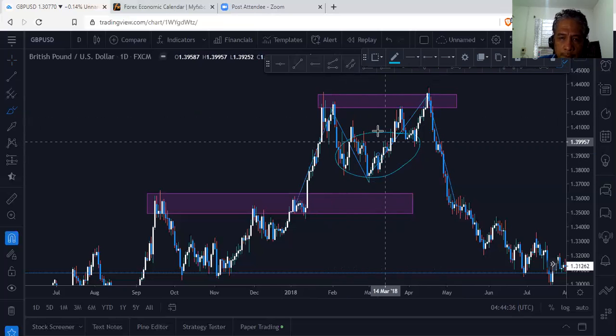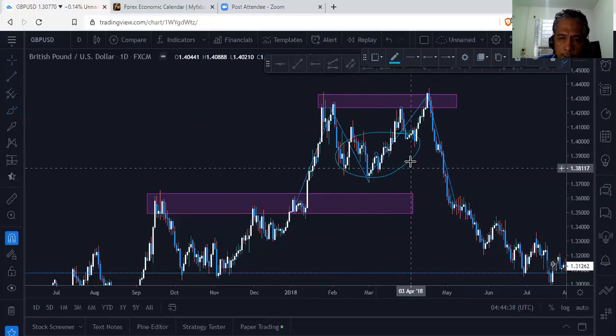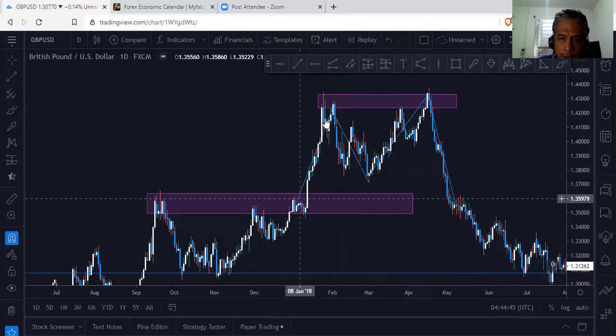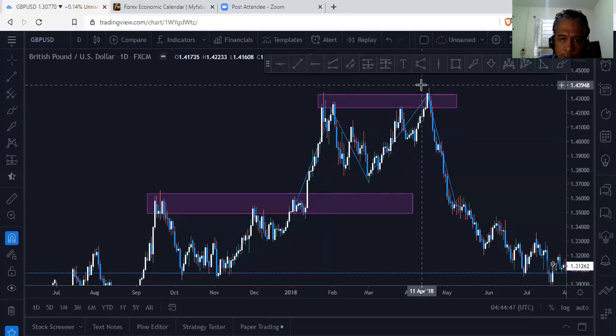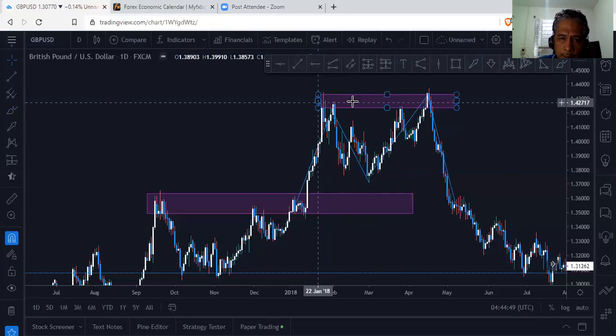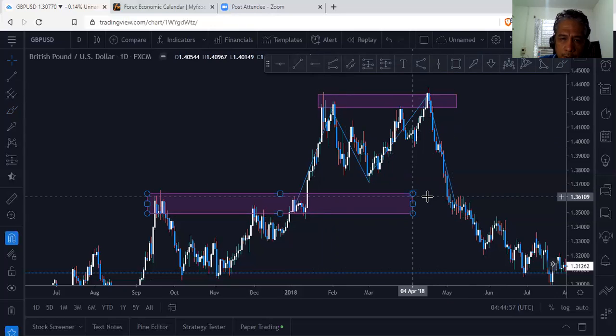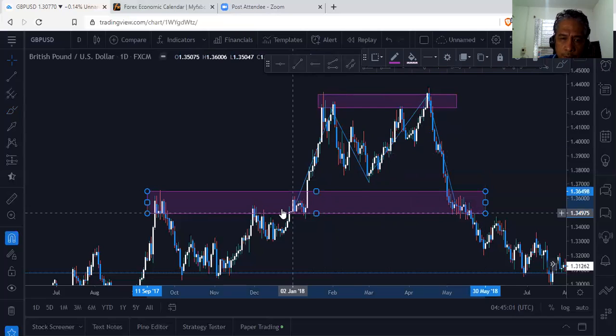So in daily, we can understand this is the big trend direction, but the market failed to make a higher high in this location, and there was a strong retest going to the demand area.